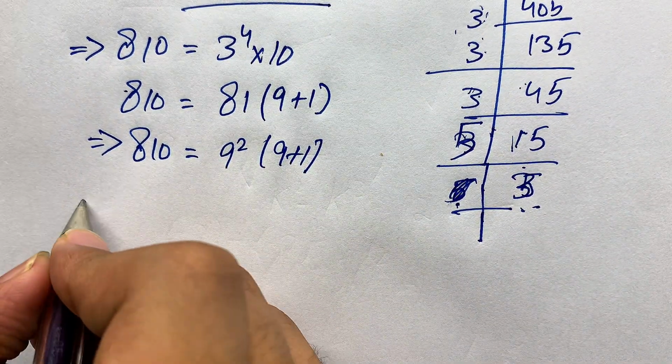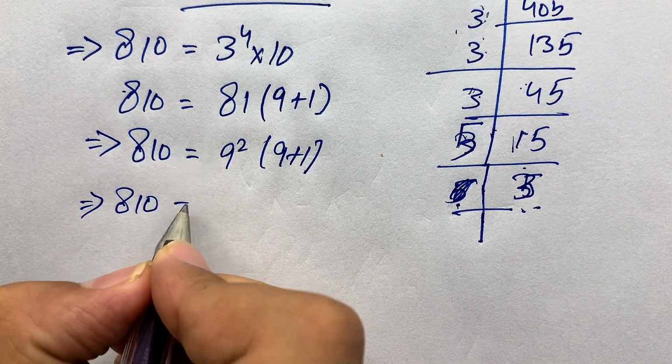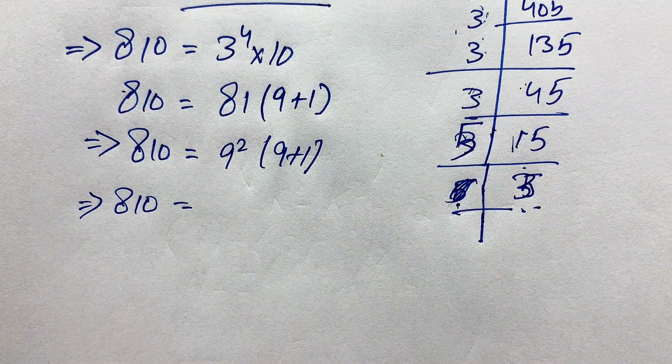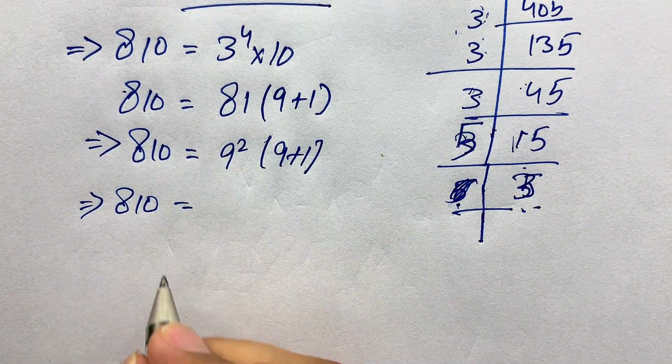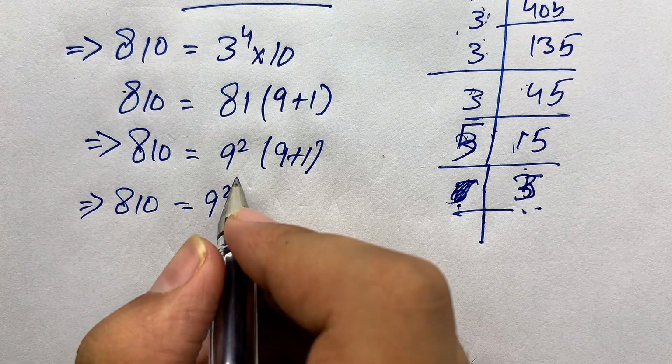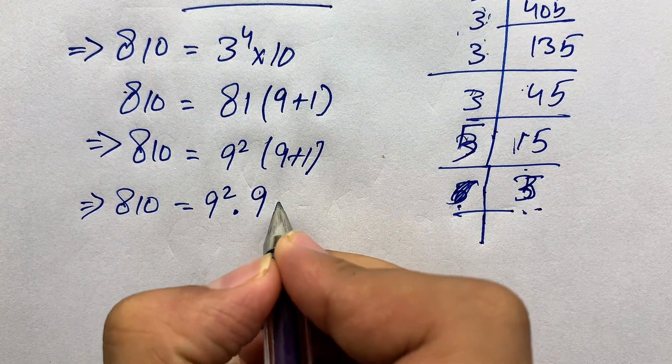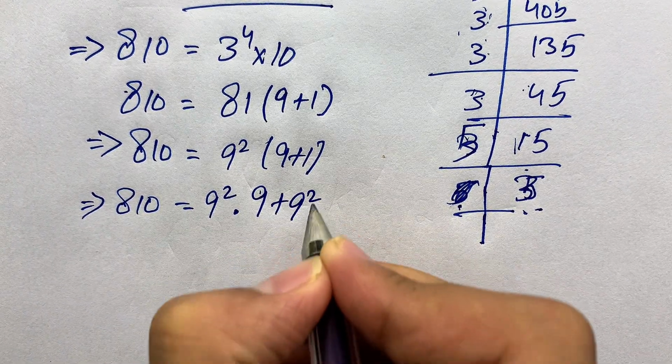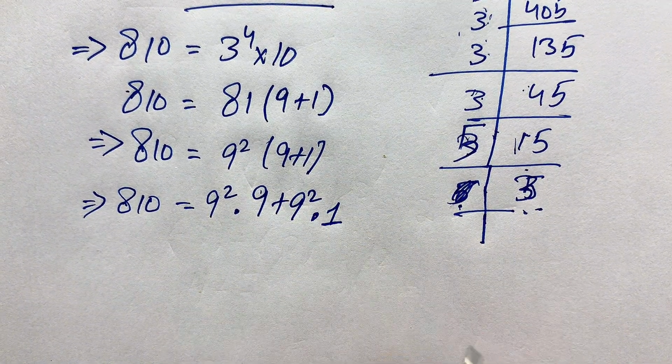So this 810 is also 9 squared × 9 plus 9 squared × 1.